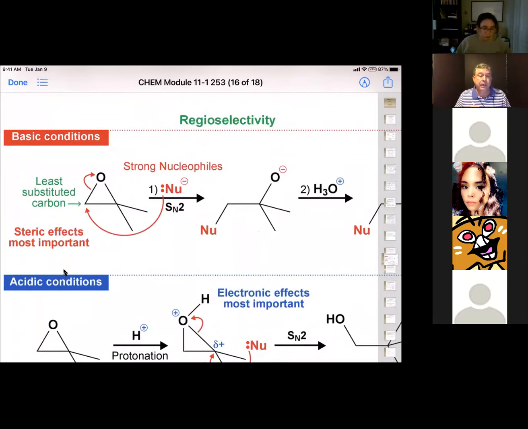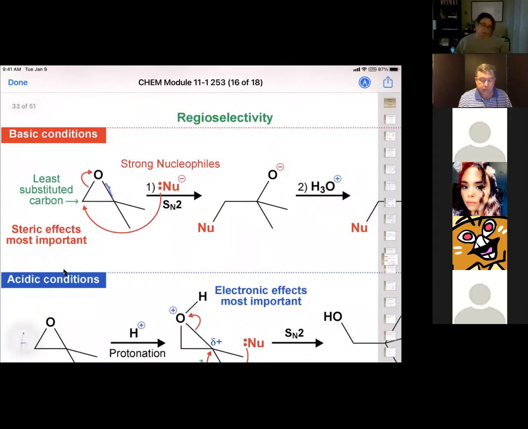Even though it's a slightly longer bond here, it's still going to be a steric situation. Remember, this is a tertiary center. We don't attack tertiary centers with nucleophiles very often. So we're going to attack this primary center, and that'll give us our alcohol on our more substituted side.